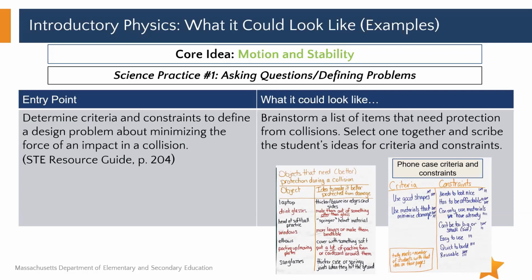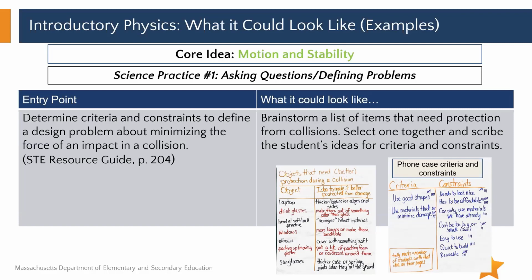The entry point you can see on the left, and then what it can look like is on the right. So this one is to determine criteria and constraints to define a design problem about minimizing the force of an impact in a collision. So you could brainstorm a list of ideas of items that need protection from collisions. Obviously, you're going to use language that meets the level of your students' needs.